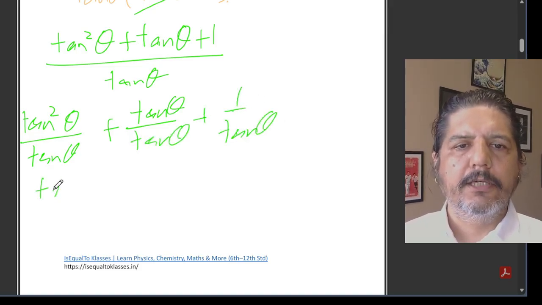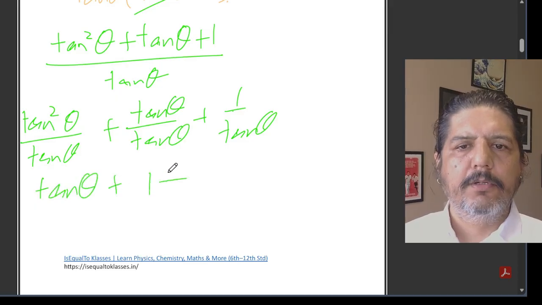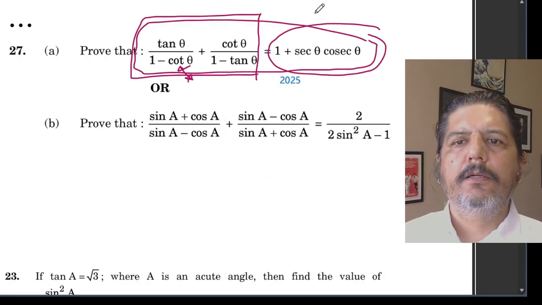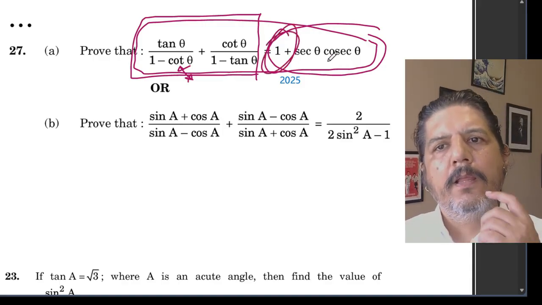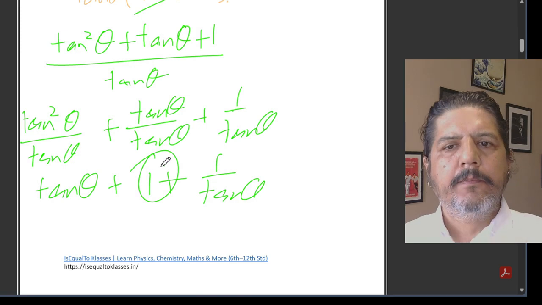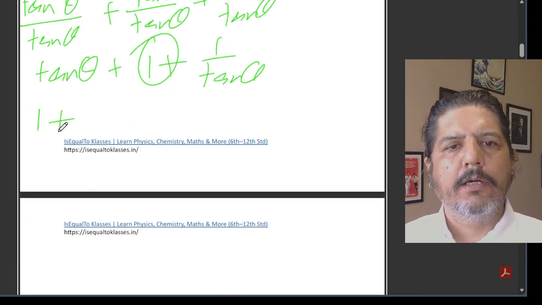So this would be equal to tan theta plus 1 upon tan theta. So this is the 1. So I've got the 1. Now the rest of the two should be equal to secant theta cosecant theta. So this 1 I have arrived at.